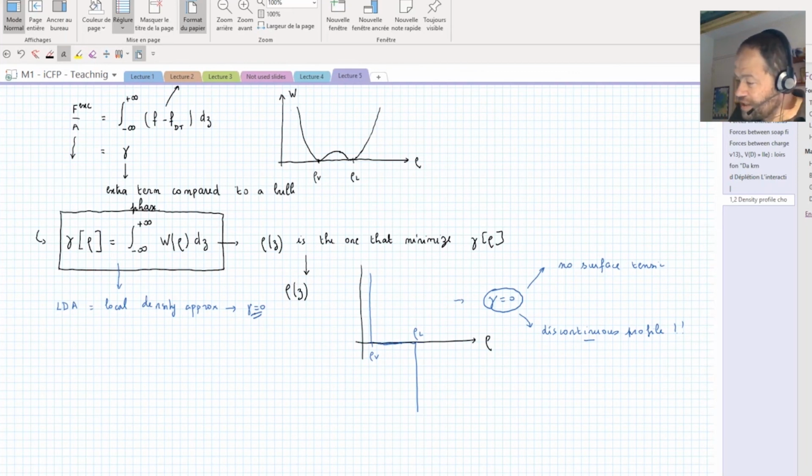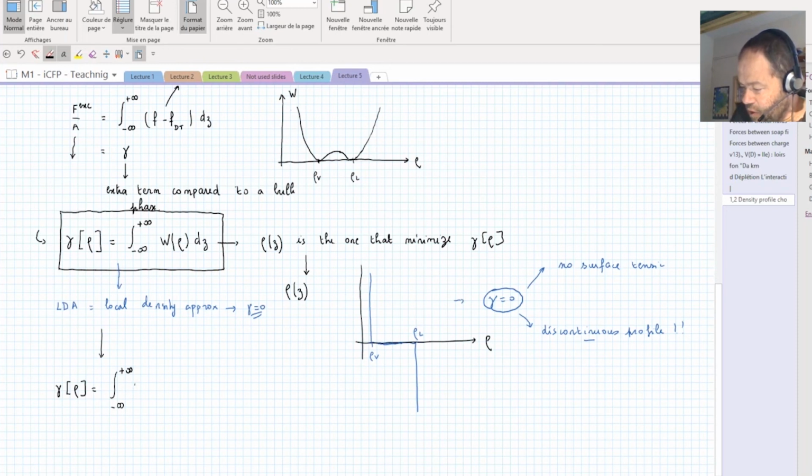So what is the solution that we have to take into account? We have to add an extra term to the free energy. And we will say that the free energy that we have to minimize is a little bit different.